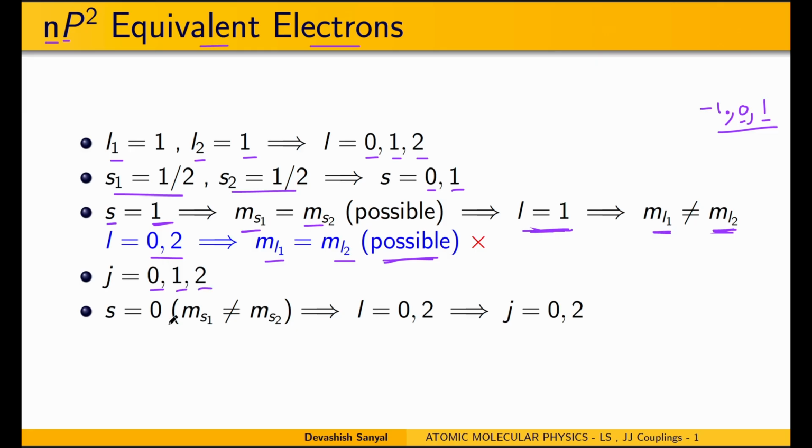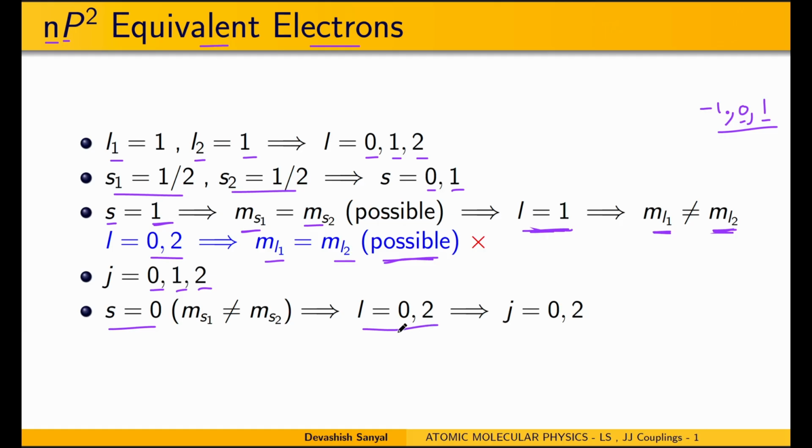Okay. So when S is equal to 0, that is the spin is 0, that implies that both the electrons are not in the same quantum state. The z component of the spin, if one is plus half, the other is minus half. So in that case there is no restriction, we can easily include L is equal to 0 and 2.